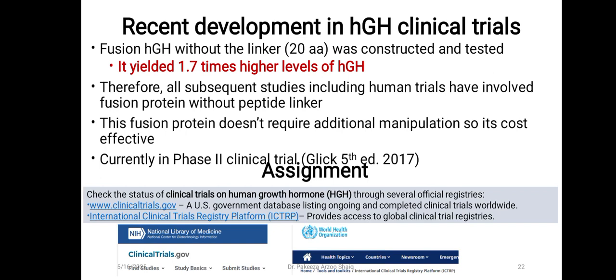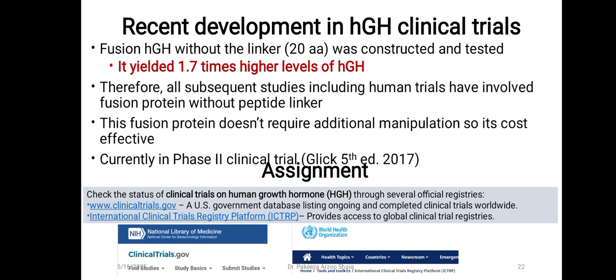So currently, I'm referring to the GLIC 5th edition 2017, where they said that currently it is in phase 2 clinical trial. But this gives room for today's assignment, which is that we have to check the status of the clinical trial for this human growth hormone through different registries. You can check them on clinicaltrials.gov, which is a US maintained database that lists all the ongoing clinical trials as well as the completed clinical trials worldwide.